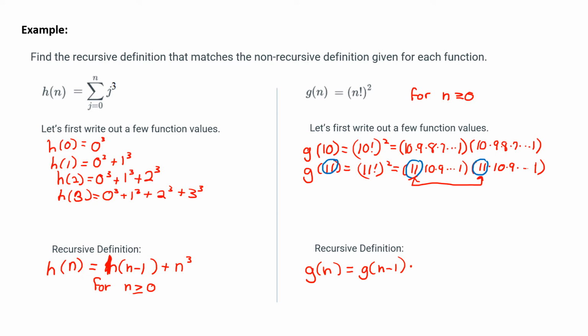So then I'd say times 11 squared, which would be n squared. That's how we could write that for n greater than or equal to 1, and we could double check that it's true for the smaller values. On these types of problems, it's a matter of looking to see how you get from one based on the previous one, and then you can come up with this recursive definition.